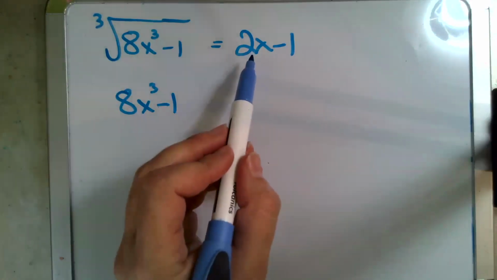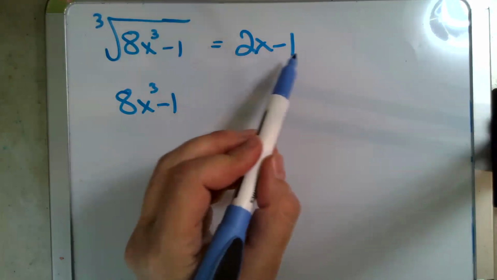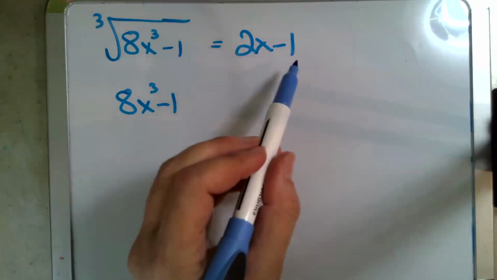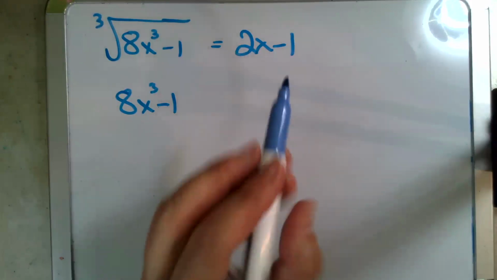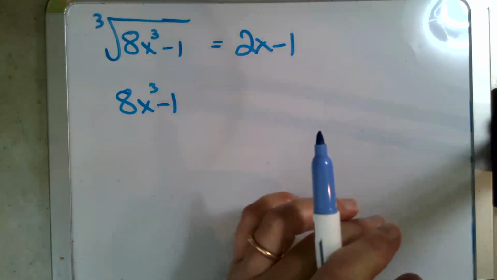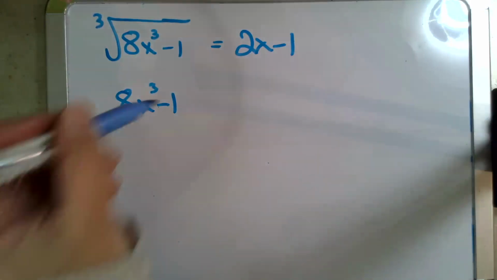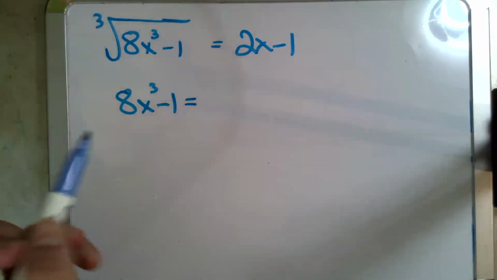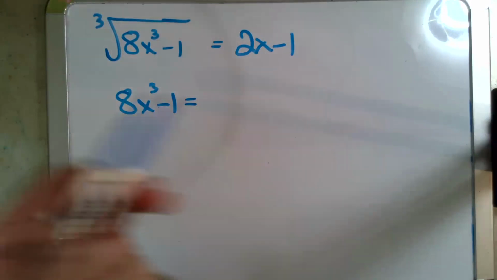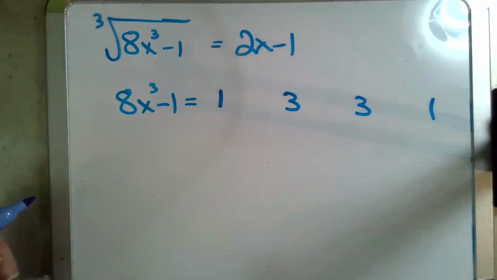When I cube this, okay, this is 2x minus 1 times 2x minus 1 times 2x minus 1. I can go ahead and remember my binomial theorem and Pascal's triangle. If those are not familiar to you, then go ahead and take a look at these videos. Otherwise, I'm going to remember that for my cubed, my initial coefficients are 1, 3, 3, and 1.